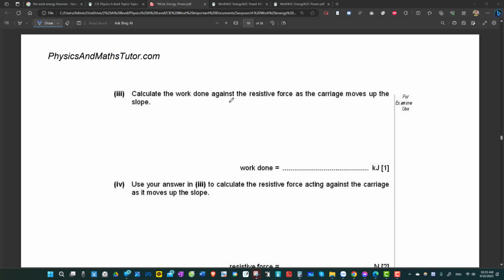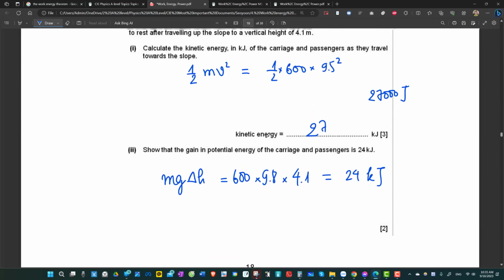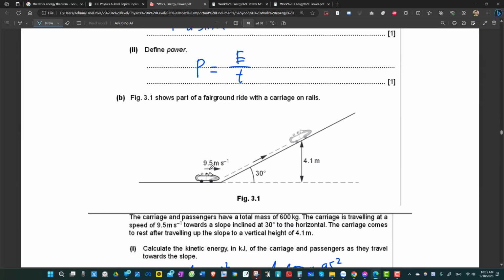Calculate the work done against the resistive force as the carriage moves up the slope. Basically, this question is very similar to the one that we've done. Okay, against resistive force. So the useful work, we don't have that thing, meaning this system goes up the slope by its own inertia, without the push of the engine, without a driving force.